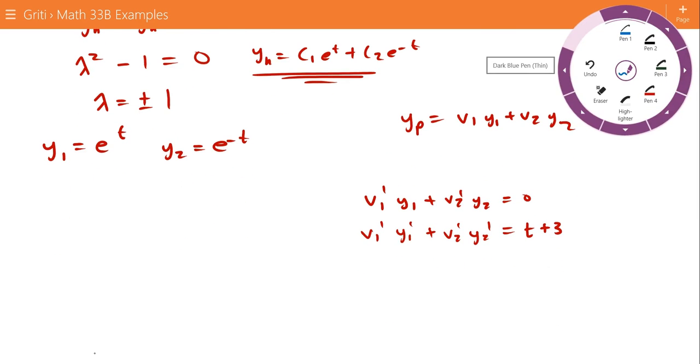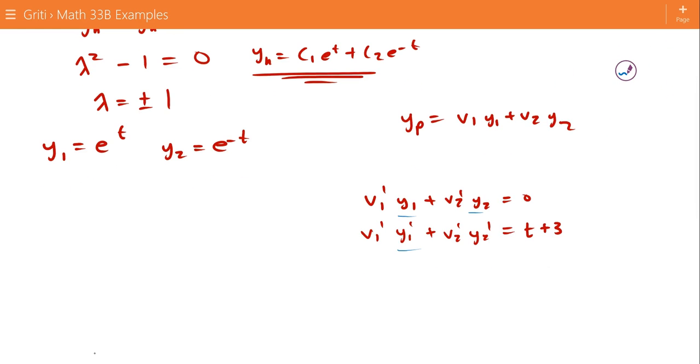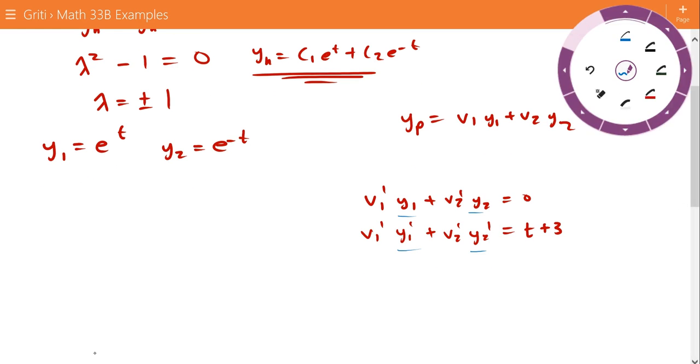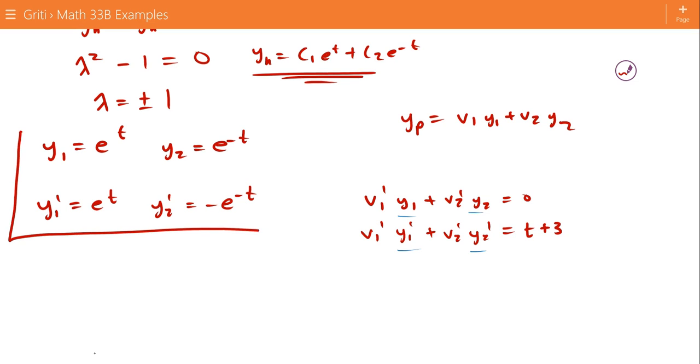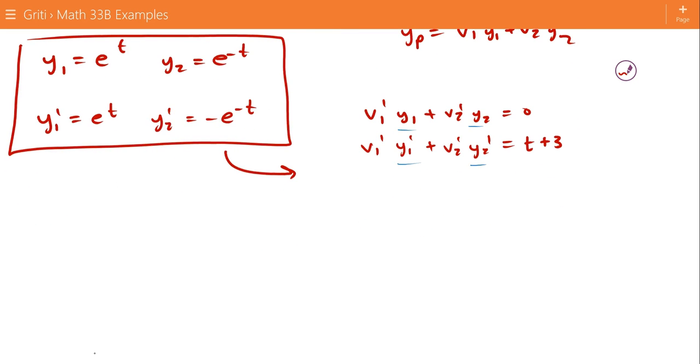So we already have y1 and y2. We just need to find y1 prime and y2 prime. y1 prime is just e to the t, and y2 prime is negative e to the negative t. So now we can plug that into this system, and we get e to the t v1 prime plus e to the negative t v2 prime equals 0.